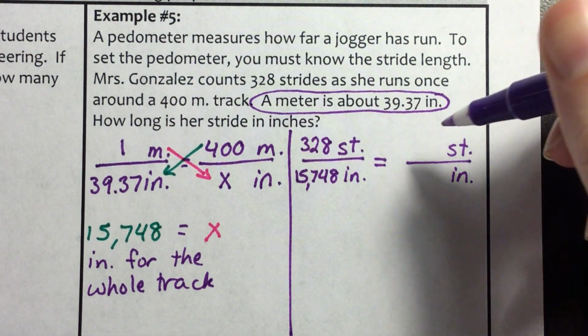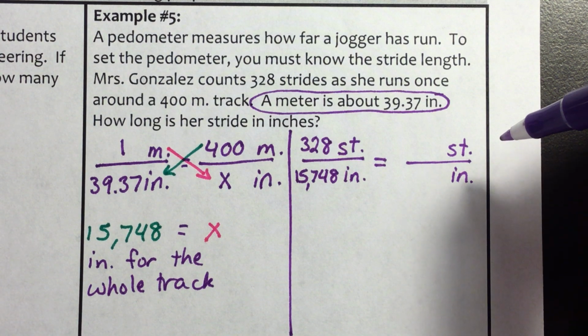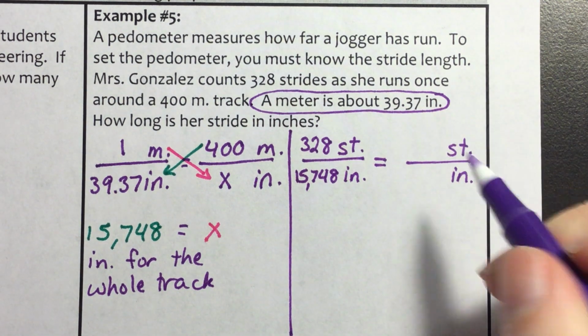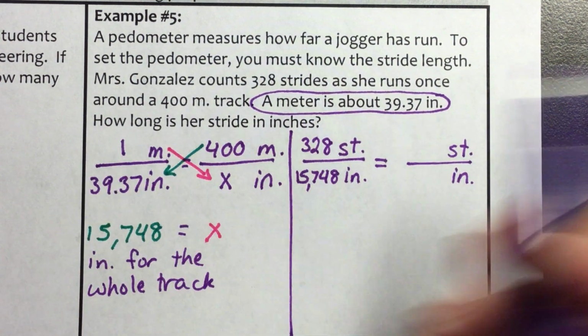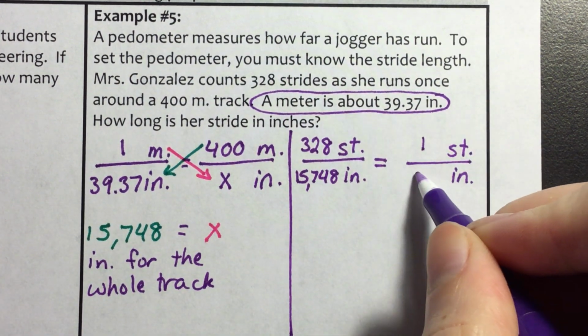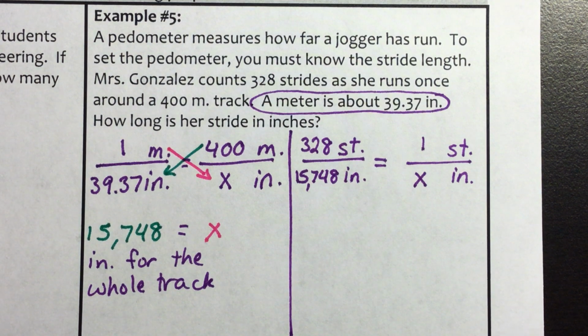Second scenario. We have one stride. We want to know how many inches there are in one stride. That's the main question. So one stride is how many inches. So the how many is the x setup. Okay, now it's all ready for us to cross multiply.